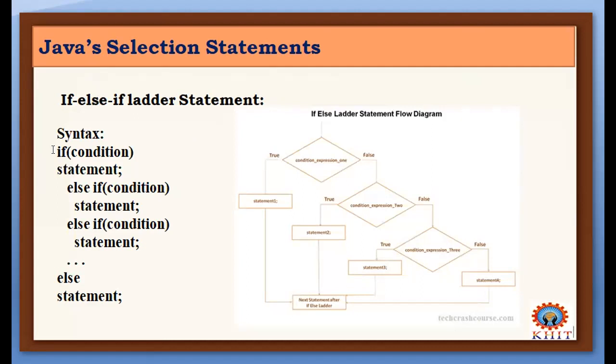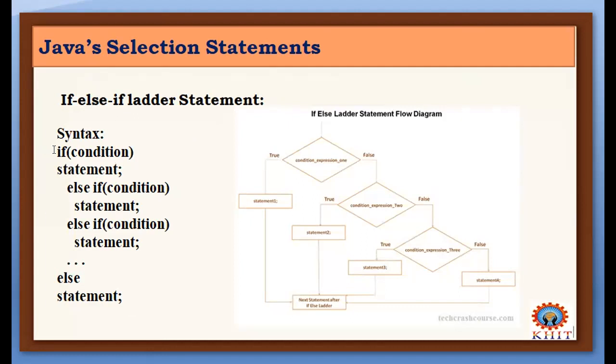That means multiple if conditions, like if you have more than one condition to check, either we can go for nested if or we can use this highly optimized statement which is called an if else if ladder. Here is how the if else if ladder works.